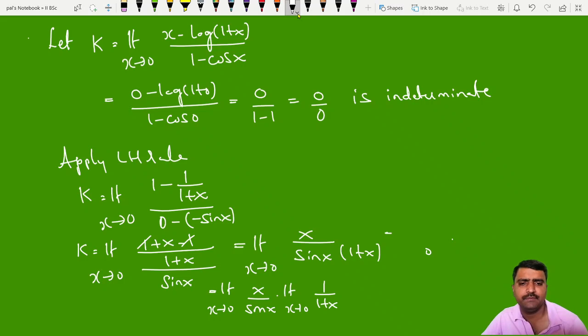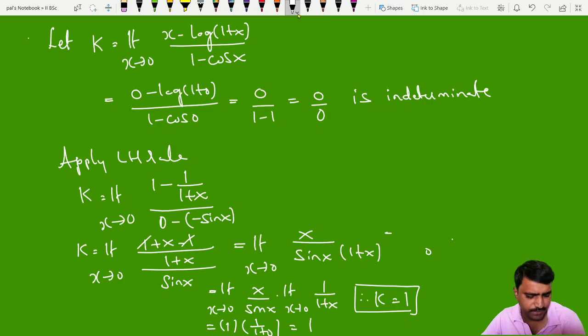So the first limit is 1, into, for this if you apply the limit, 1 by 1 plus 0, which is equal to 1. Therefore the limit value k is equal to 1. So the limit of this function, x minus log of 1 plus x by 1 minus cos x, is 1.